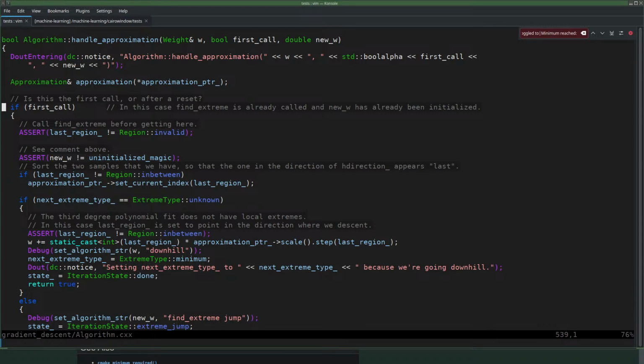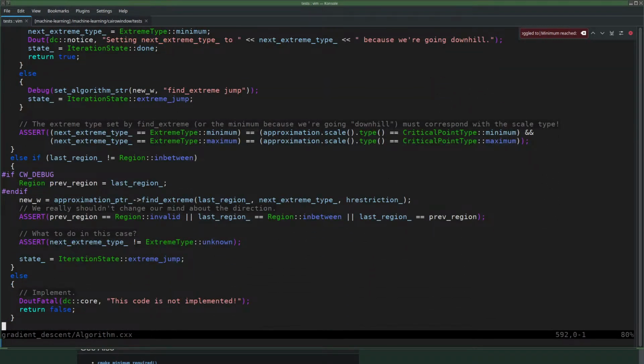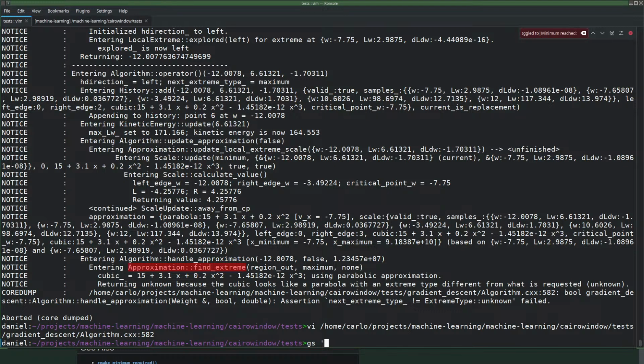I think there was something that is being called after cubic initialize. That was the reason. So let's search for that.